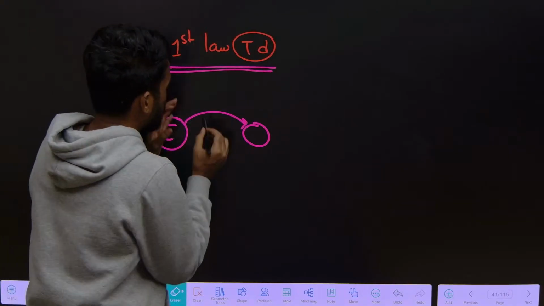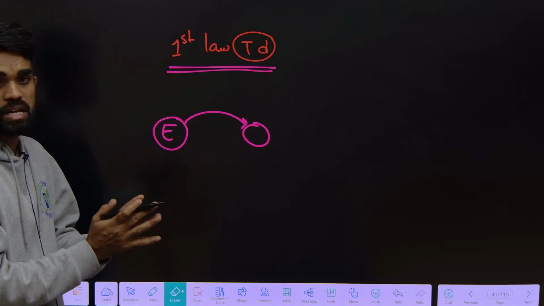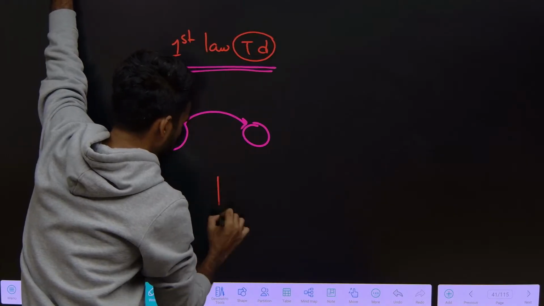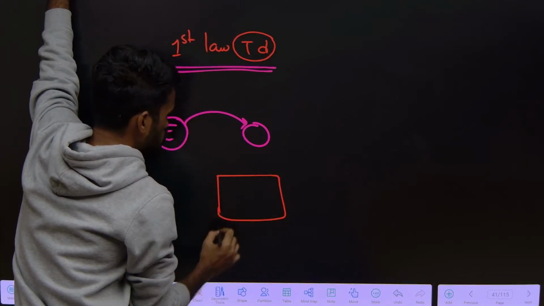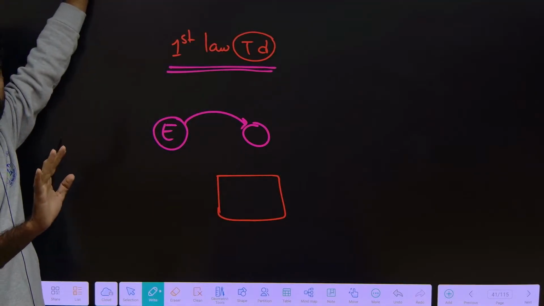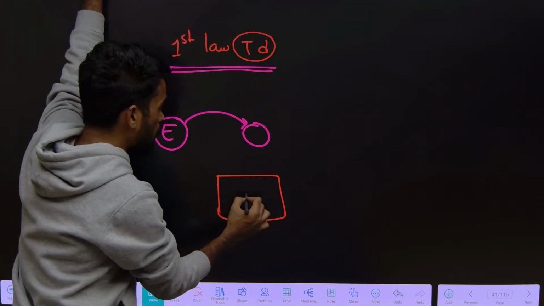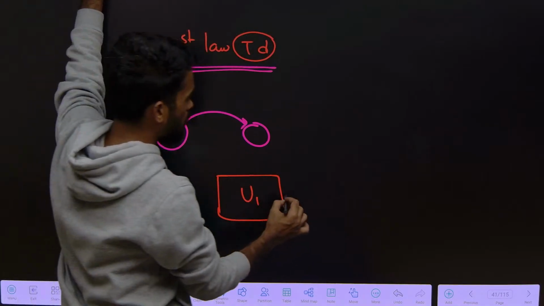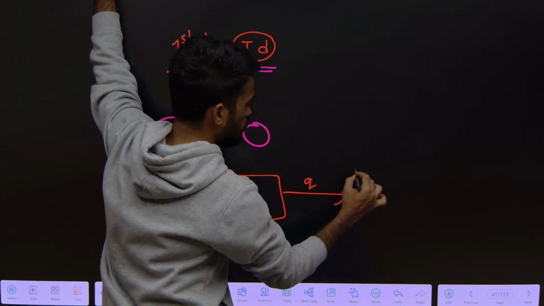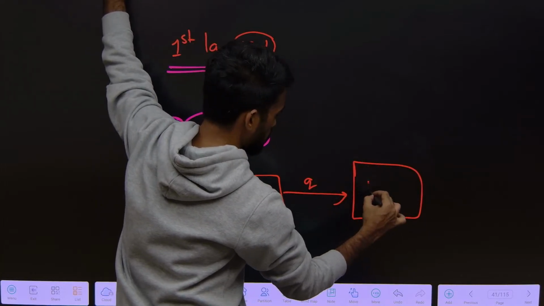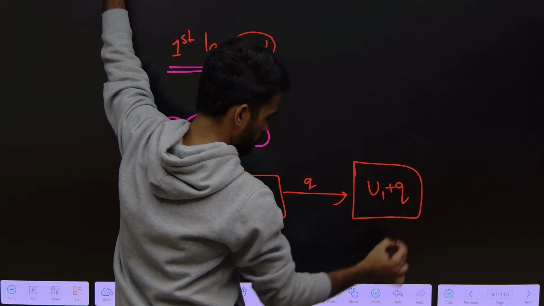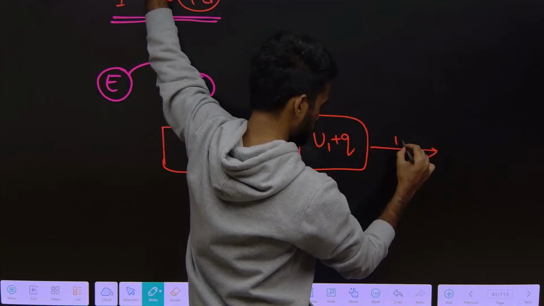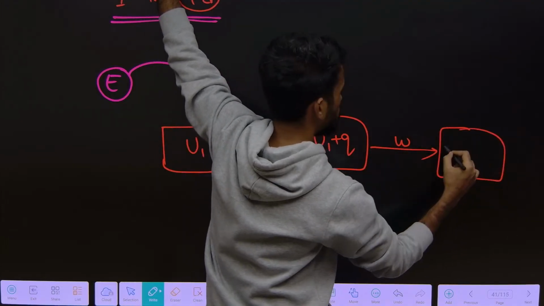When it comes to the mathematical representation of the first law, you can take a system. Every system will have some energy internally, called internal energy U1. To this system we are supplying some Q amount of heat, therefore its energy becomes U1 plus Q. Again we are doing some work W on it, so that it becomes now U2.